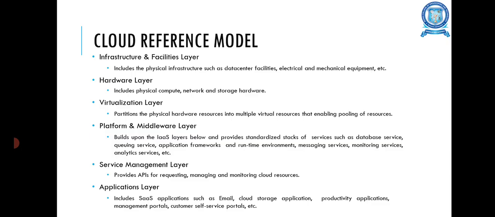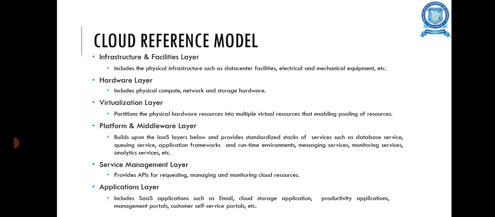The next layer is the platform and middleware layer. This layer builds upon the IaaS layers below and provides a standardized stack of services such as database service, queuing services, etc. The next one is the service management layer that provides APIs for requesting, managing and monitoring cloud services.